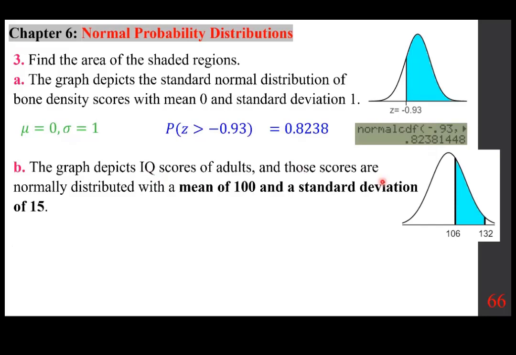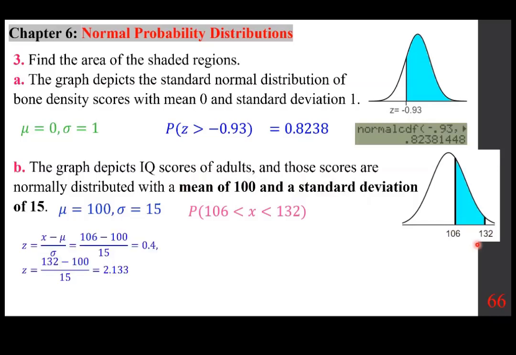Now we are dealing with IQ scores. The graph depicts IQ scores of adults, and those scores are normally distributed with a mean of 100 and a standard deviation of 15, which means mu is 100, sigma is 15, and we want the x between 106 and 132.